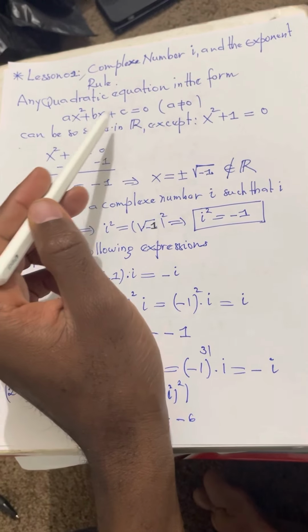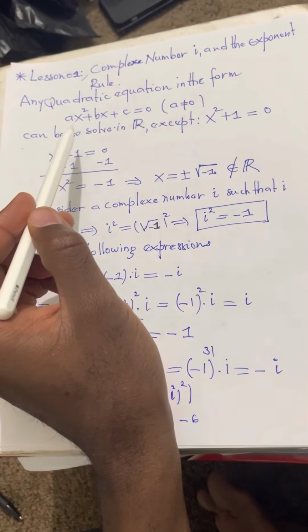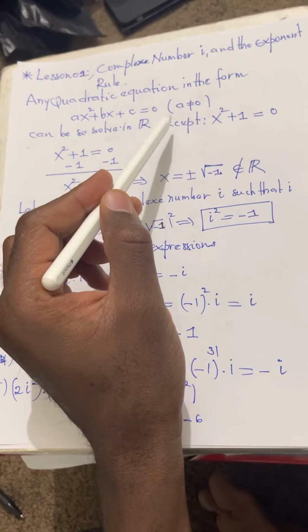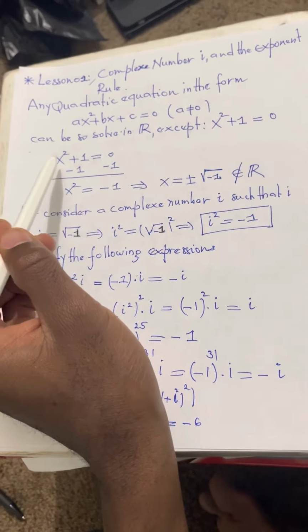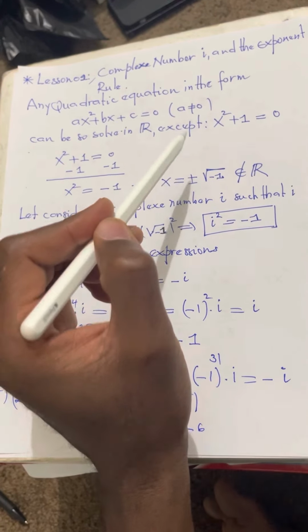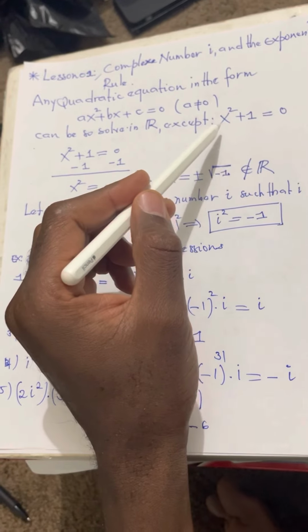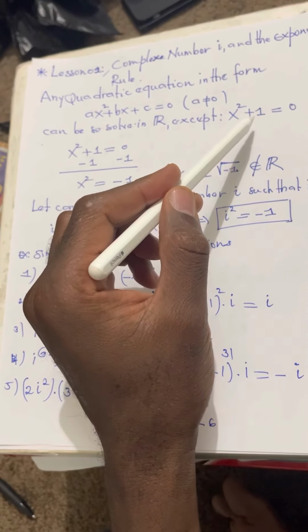So any quadratic equation in the form ax squared plus bx plus c equal to 0, when a is different than 0, can be solved in R, except for this example, x squared plus 1 equal to 0, which means the b part is equal to 0 right here.